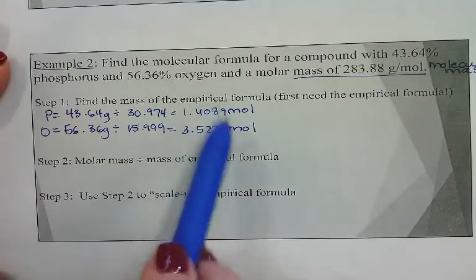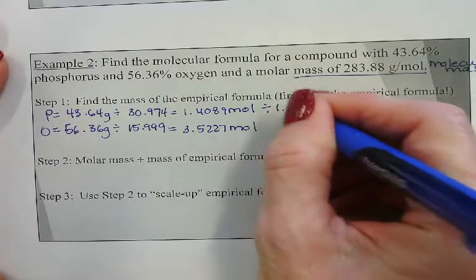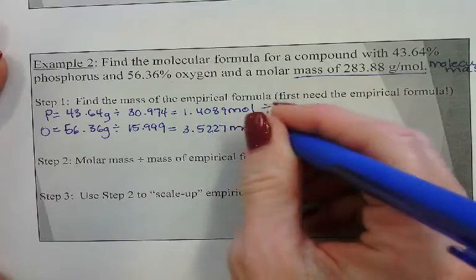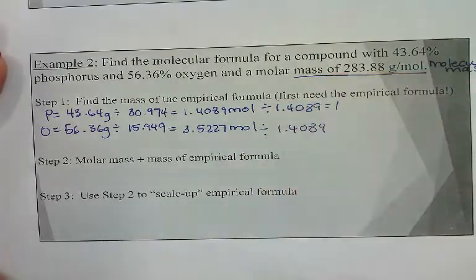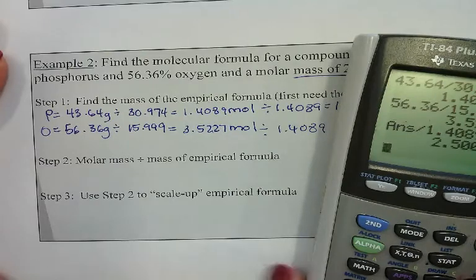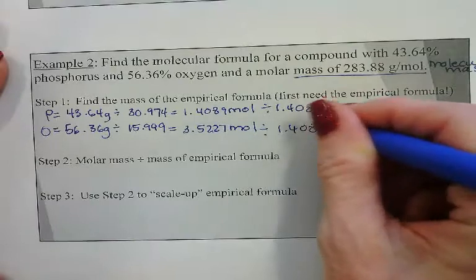Divide by smallest. Okay, so I'm going to divide both of these by 1.4089 because that's the smallest mole amount. That number is 1. That number, divided by 1.4089, is 2.5.